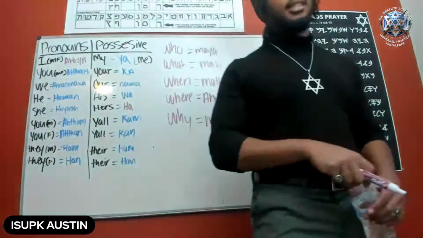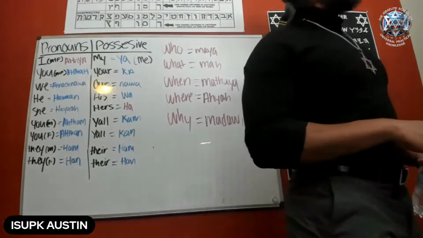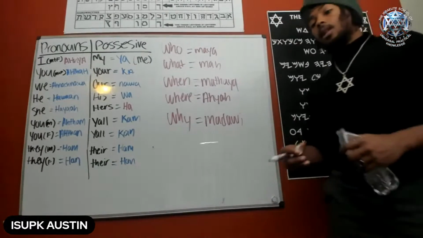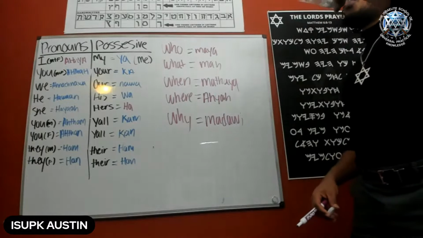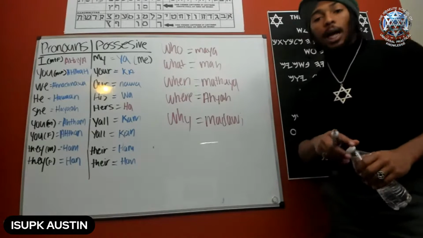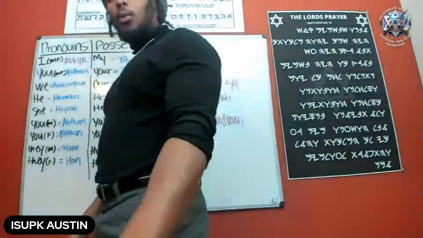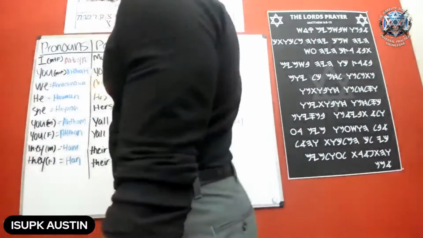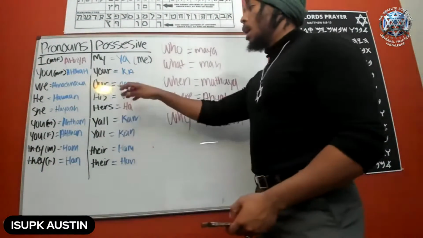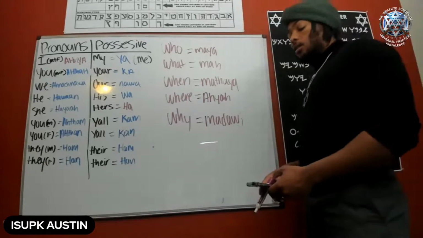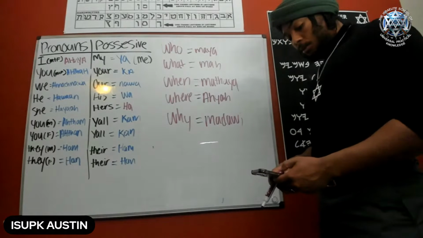Sometimes you have to use context clues or things that we say often to see what it means. For example, I asked what Abba means. From your understanding, we always say Abba when we do the Lord's Prayer. The Lord's Prayer starts off in English, we say Our Father. Nawa is our, so Abba is what? Father. Salakia.